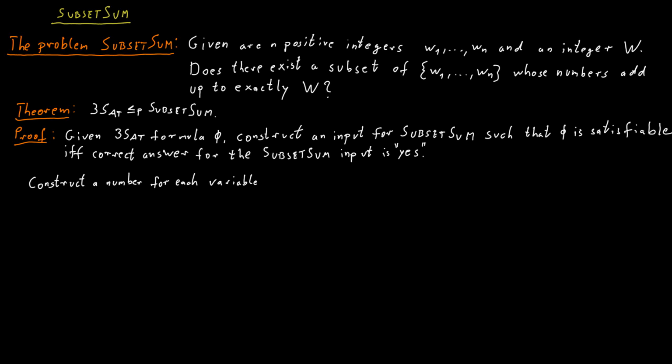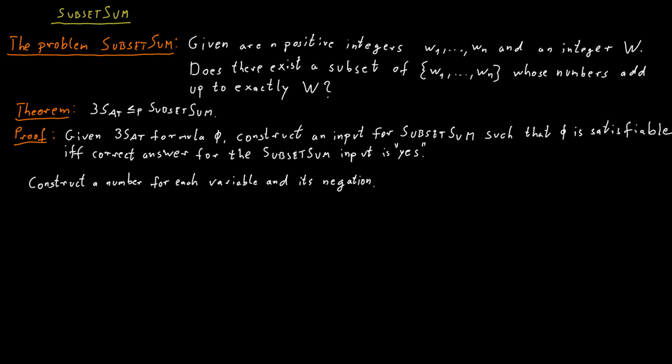So we will not just have numbers for a variable, we also have a number for the negation of a variable. So for each variable x and its negation not x, we will introduce a number in our SubsetSum instance.